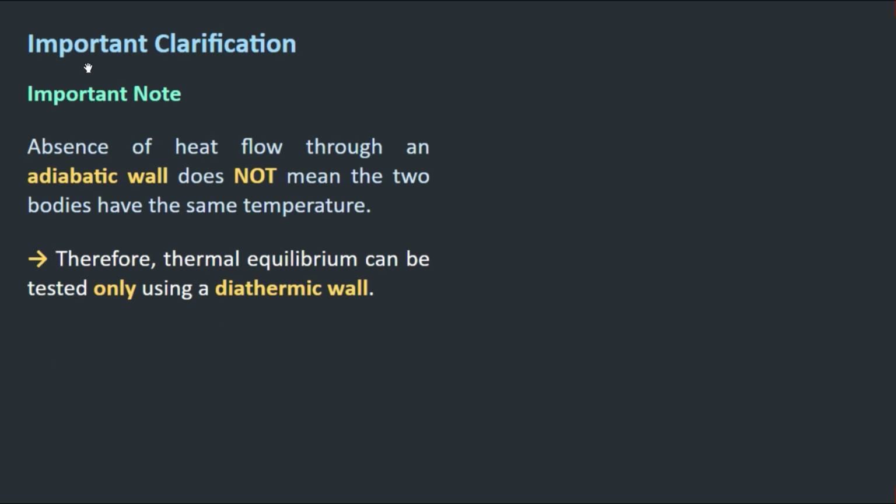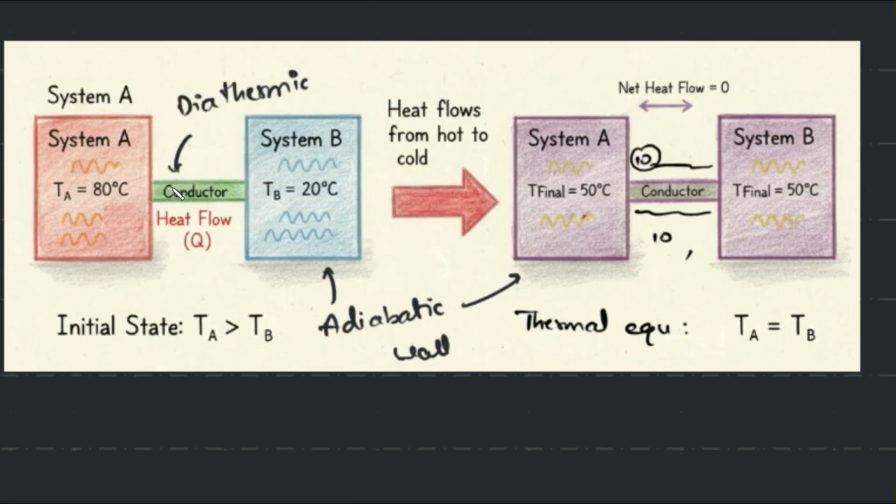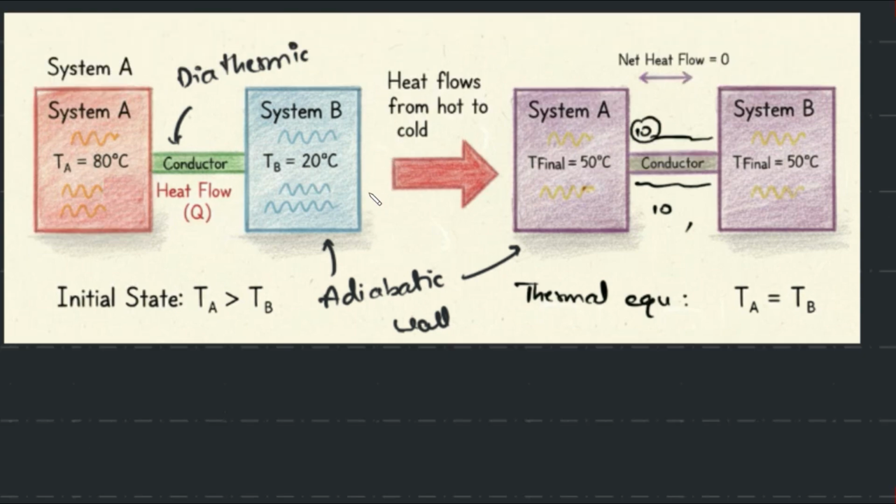Nothing is perfect though. Absence of heat flow through an adiabatic wall does not mean that two bodies have the same temperature. By the way, one thing about the adiabatic wall, actually it's common sense. Instead of a diathermic wall over here, if I had kept an adiabatic wall and all of these are adiabatic, what happens? This will continue to be 18, this will continue to be 20.